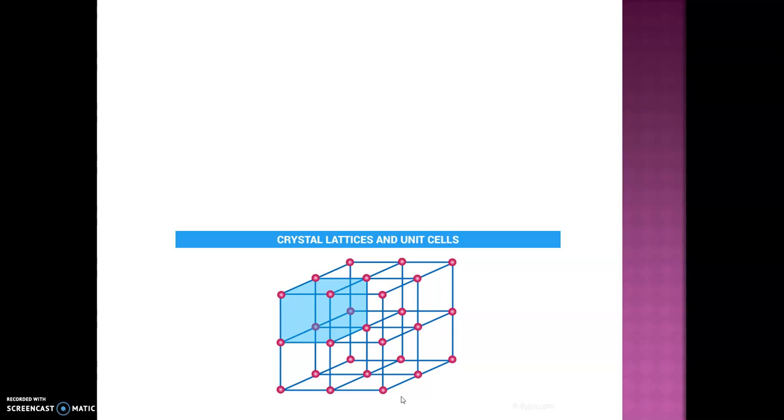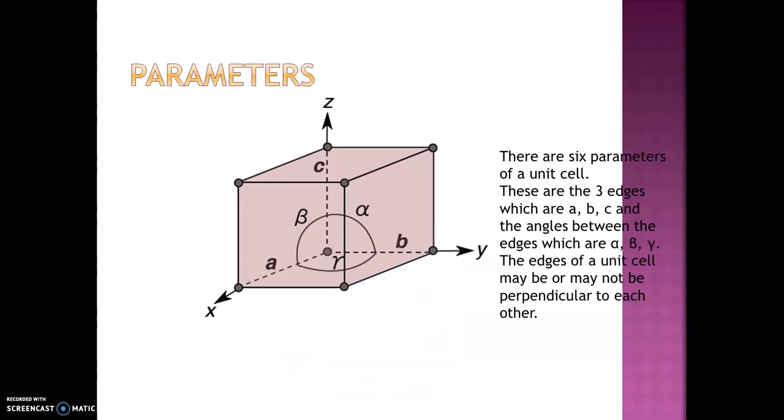We'll see how we can classify unit cells. Unit cells are the repetitive units, so based on certain parameters, we can further classify them. What are the parameters? If you take a rectangle, the parameters are the sides.